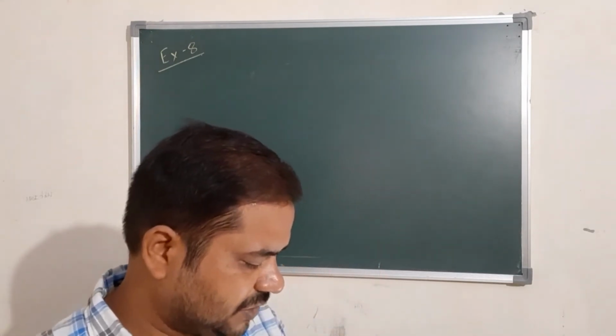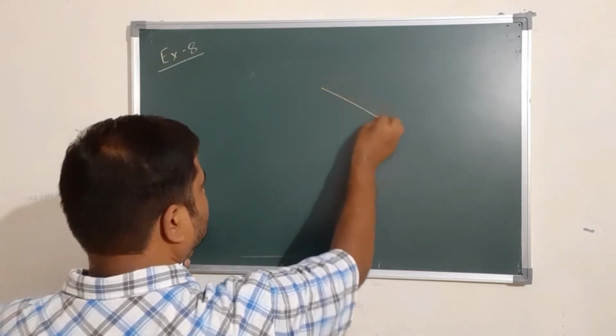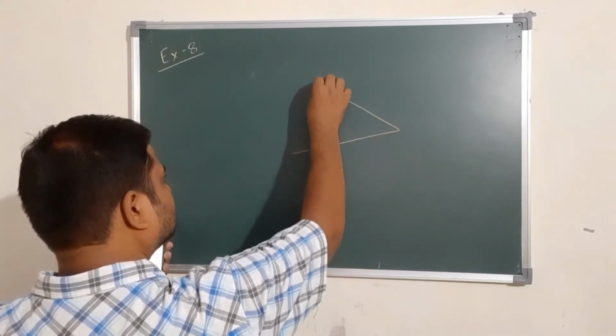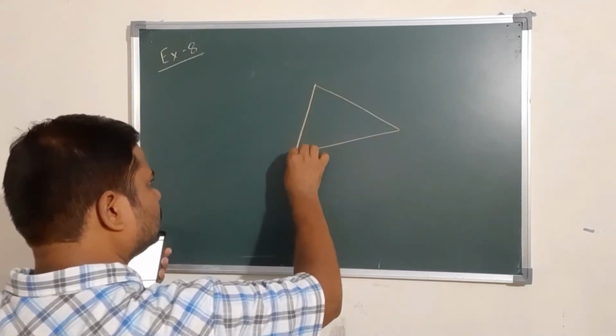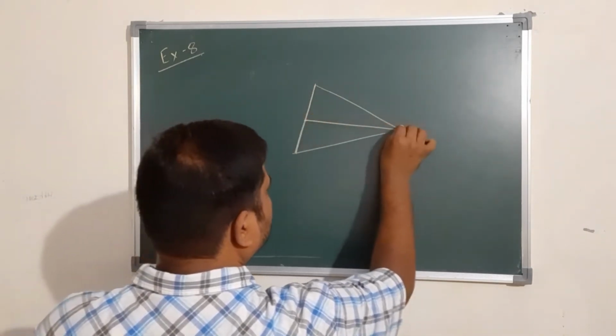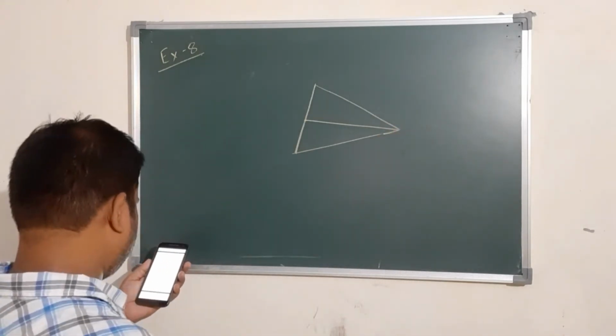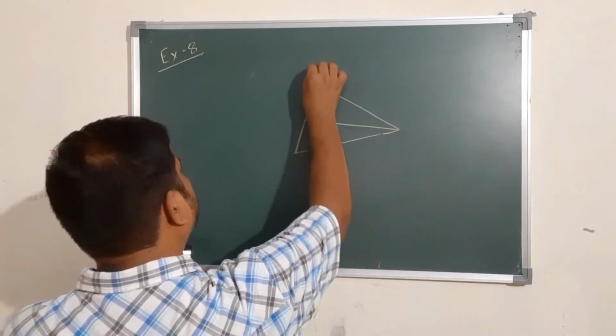In figure 6.33, first of all we make the figure. This is the figure ABCM.